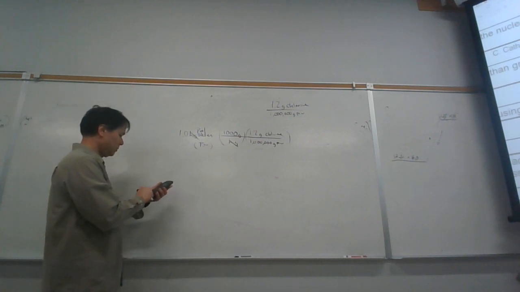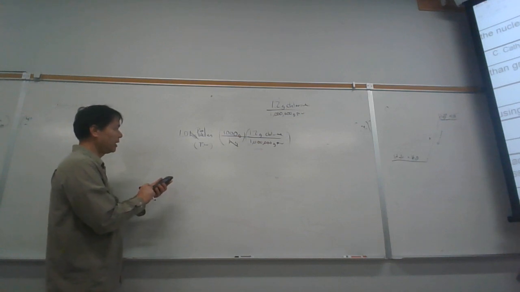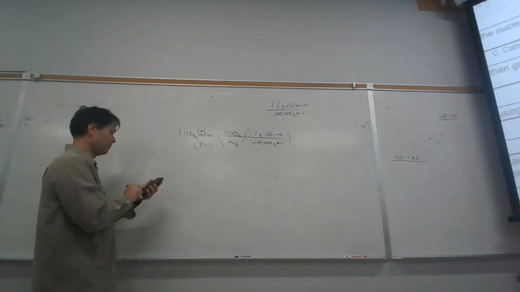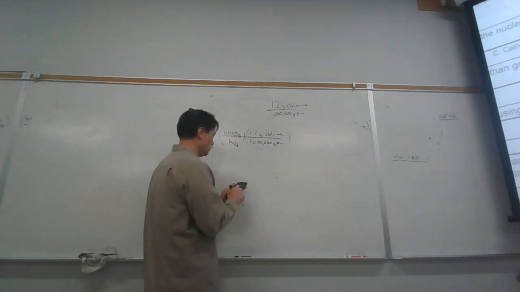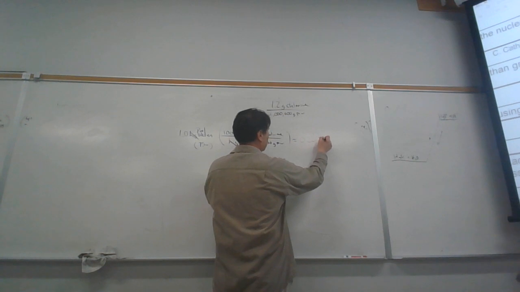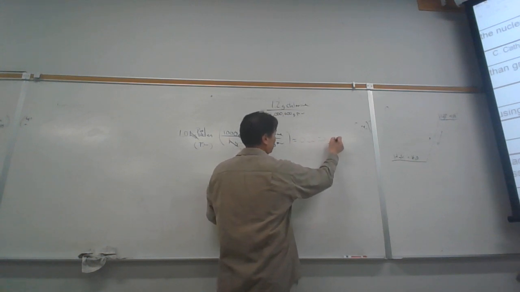So it's going to be 1 times 1,000 times 1.2 divided by 1,000,000. That is 0.00120 grams of chlorine.